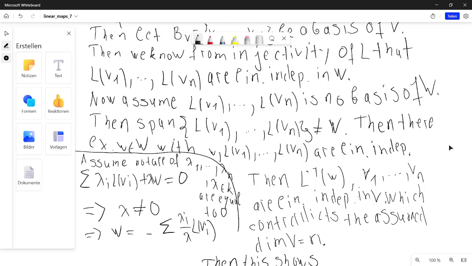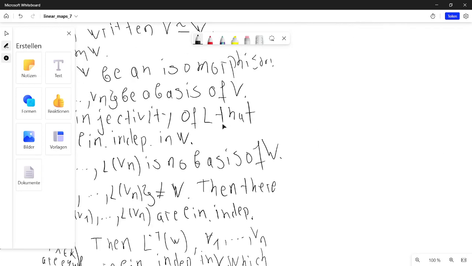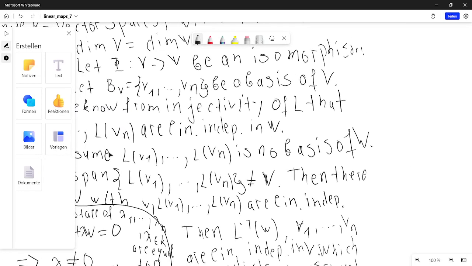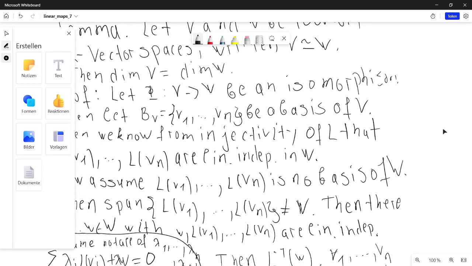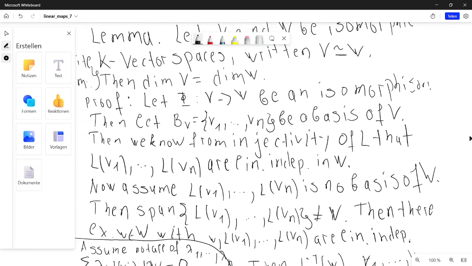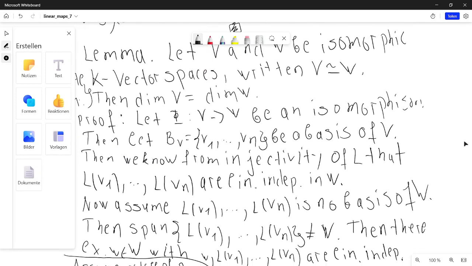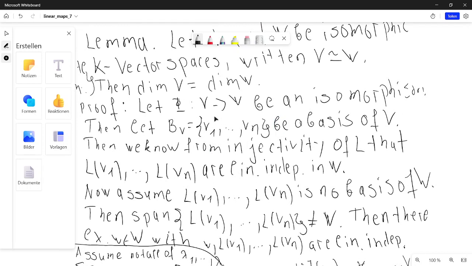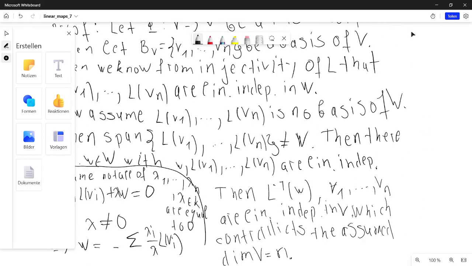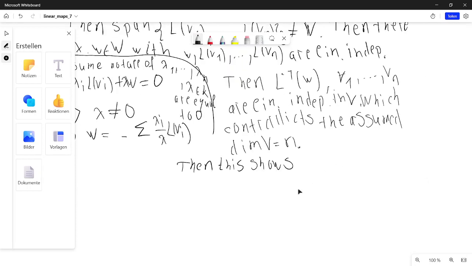So it is a basis, and this basis has n elements as wished, and then the number of elements in this basis, that is the dimension of W, is equal to the number of elements in this basis, that is the dimension of V, and then the dimensions are equal.